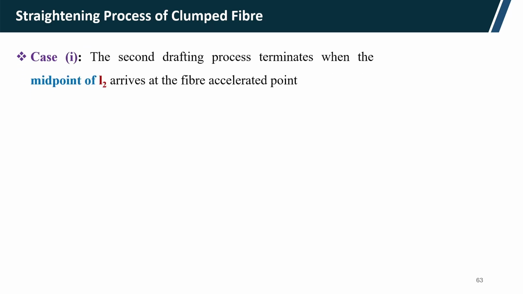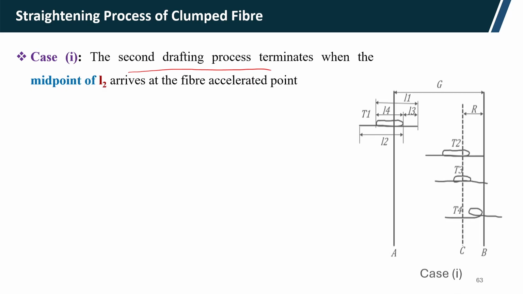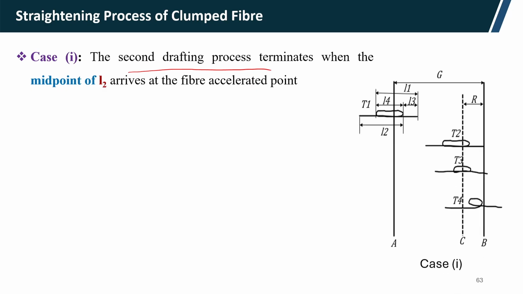And case I is the second drafting process, which terminates when the midpoint of L2 arrives at the fibre accelerating point. So, before this midpoint arrives, the second drafting process terminates.